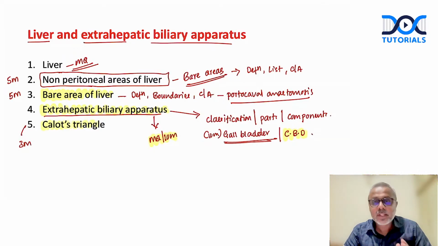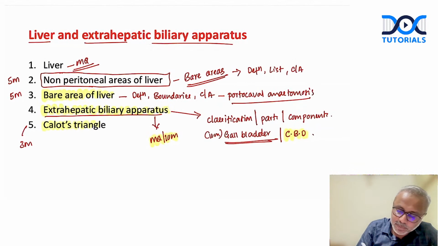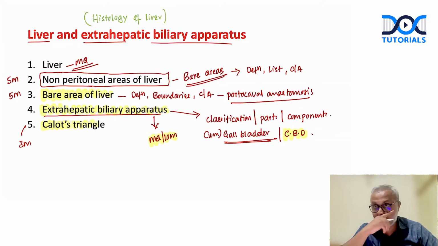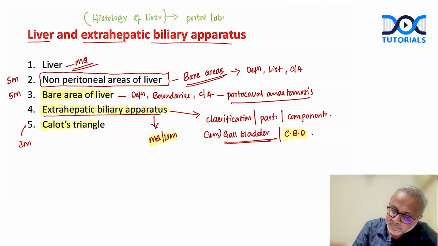Right? In liver, one more question I would suggest you to prepare is from histology, right? Histology of the liver. Of course, we will have a separate session on histology, right? Then in the histology of the liver, what do we mean by the portal lobule?